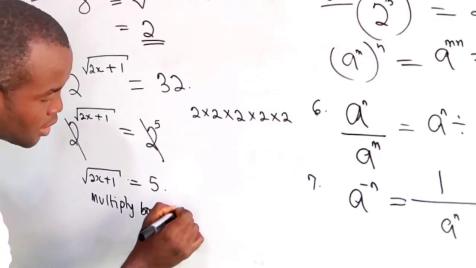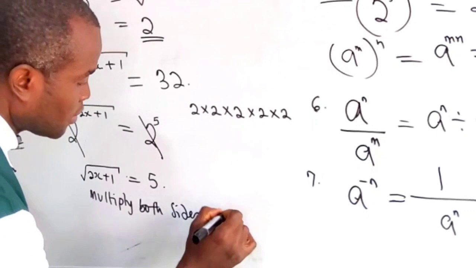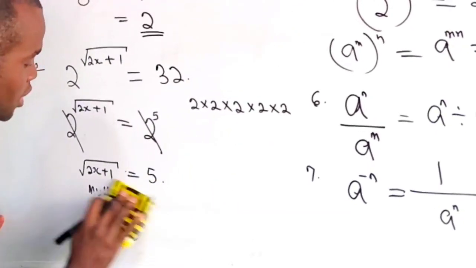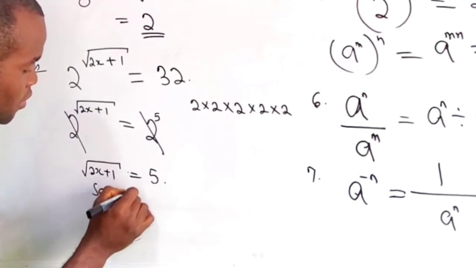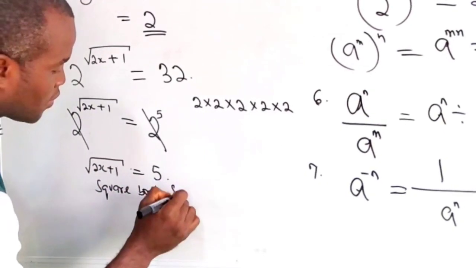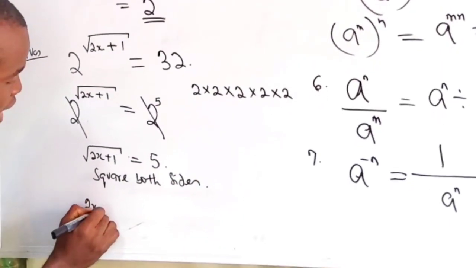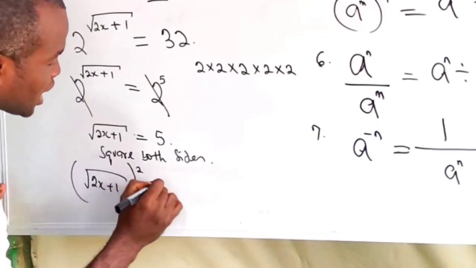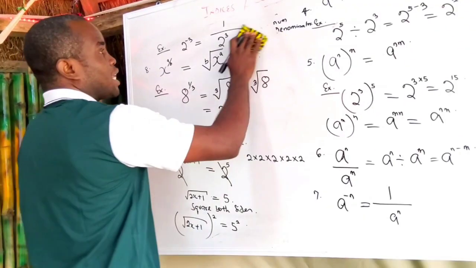Square both sides. So if you square both sides, that means you have the square root of 2x plus 1, squared, equals 5 squared. So if you do that, this is what you have.